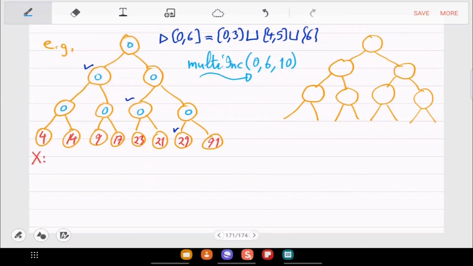We have this part till here where uniformly 10 has to be added, and then this subtree where uniformly 10 has to be added, and this third part where 10 has to be added.